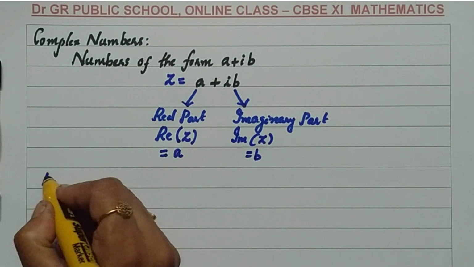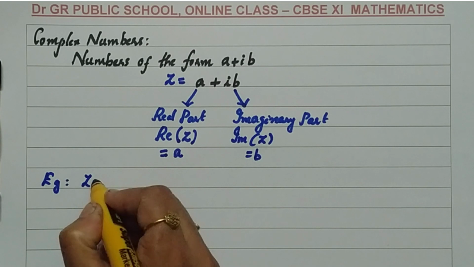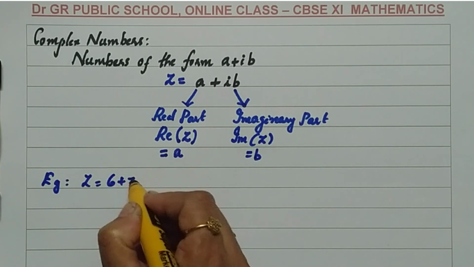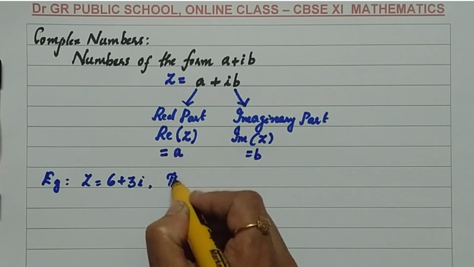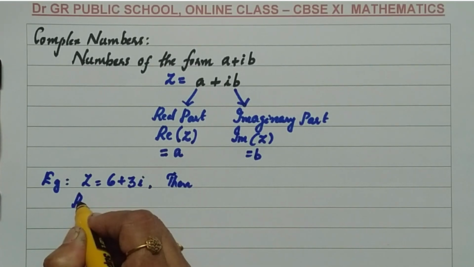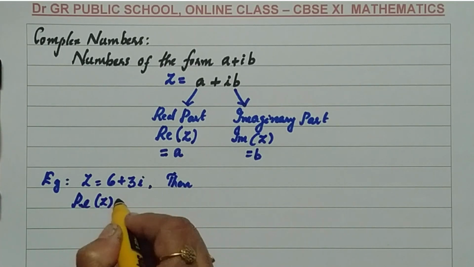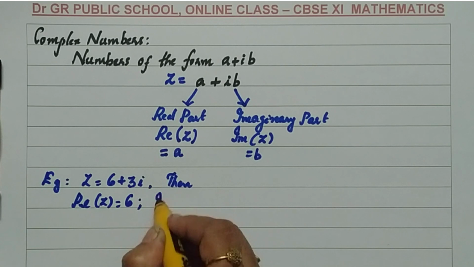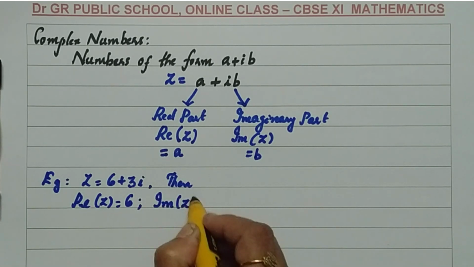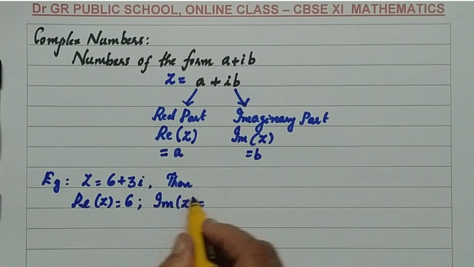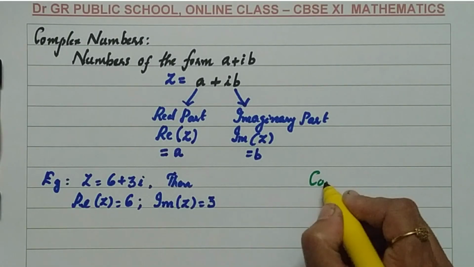For example, if z equals 6 plus 3i, then what is the real part of z? Real part of z equals 6 and imaginary part of z equals the number which comes along with the i, that is 3.